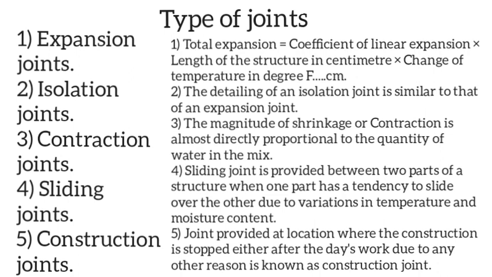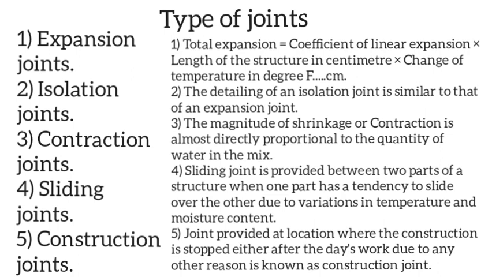When one portion of a building is higher than the other, the soil below the higher portion will be subjected to greater pressure than the soil below the lower portion of the building. In such cases, it is desirable to have complete separation of the parts by providing an isolation joint.